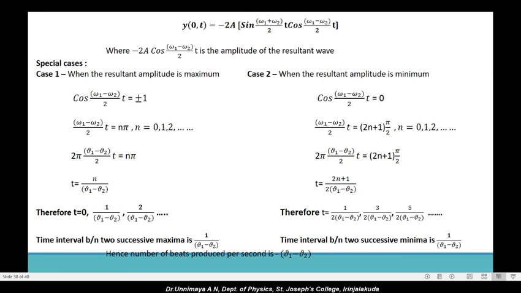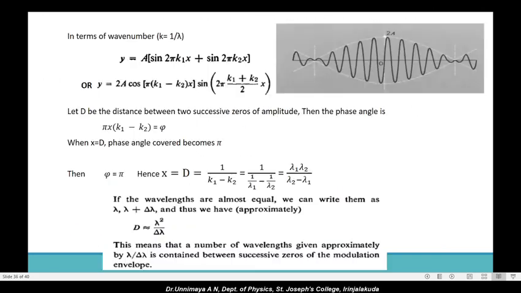Then we considered the special cases, that is, when the amplitude of the superimposed wave is maximum and when the resultant amplitude is minimum. So we have already discussed that this is the expression for the superimposed wave. There is a maximum amplitude and there is a minimum. This point corresponds to minimum amplitude, this corresponds to maximum amplitude.